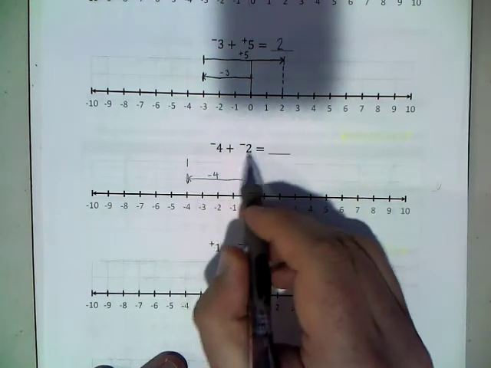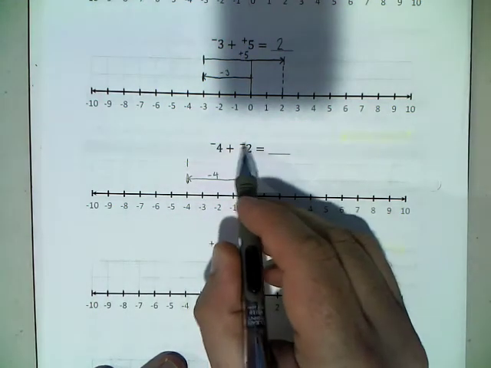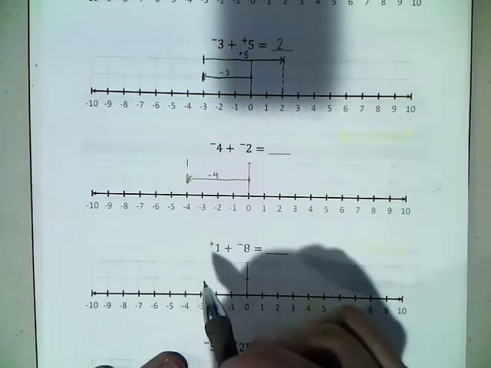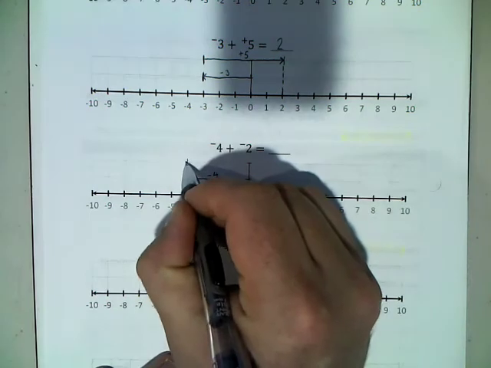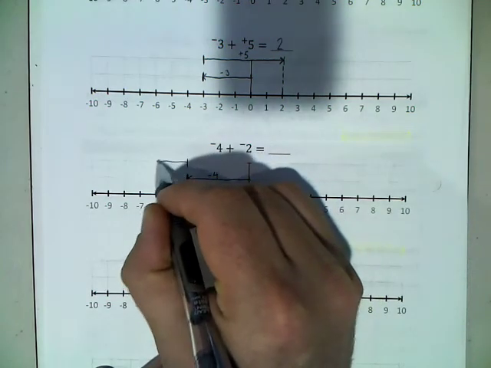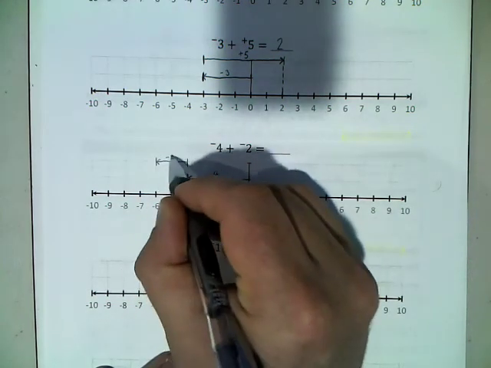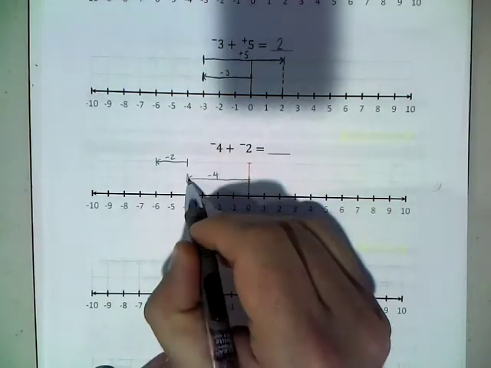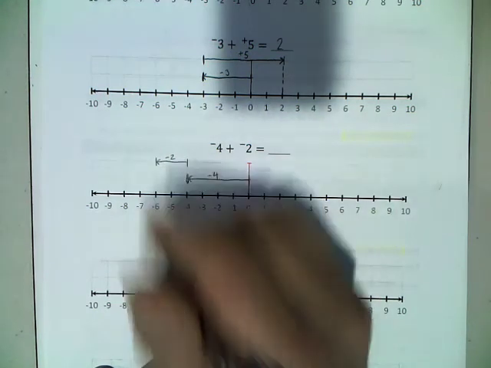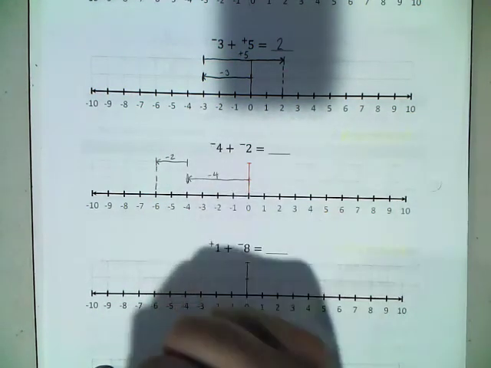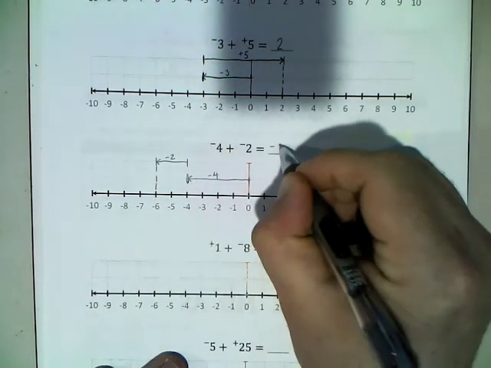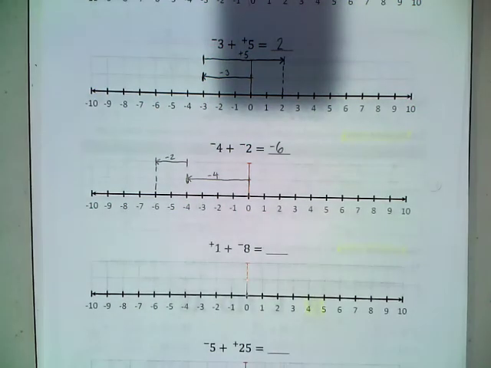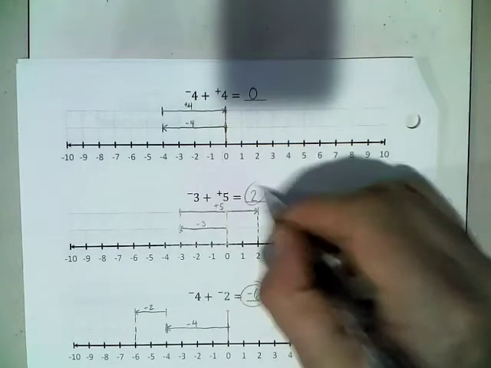And then a -2 tells me to go 2 units now, but it tells me to continue going left. So if I continue going left, 1, 2, I'm going to end up right there. So 4 units to the left and then 2 more units to the left. Dashed line down. I end at -6. And really I should circle my answers here.